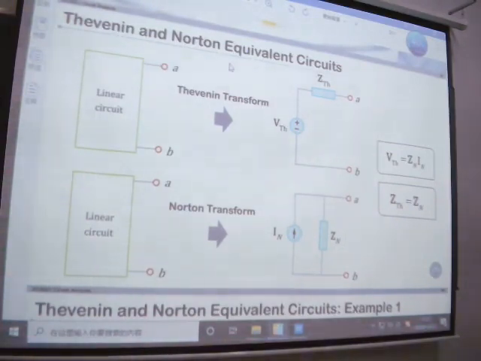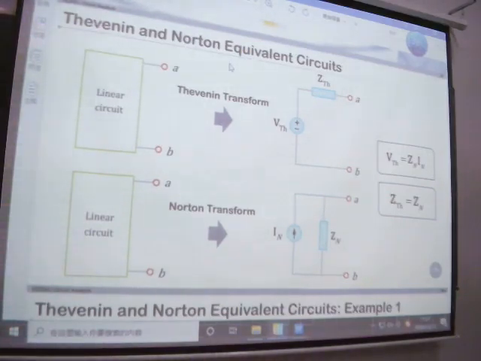Do we need to enable the independent source? We enable the independent source and use the open short method. We use the open circuit voltage over the short circuit current, and we get the Thevenin equivalent.